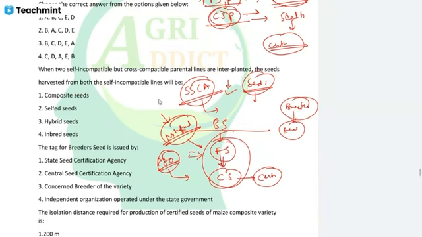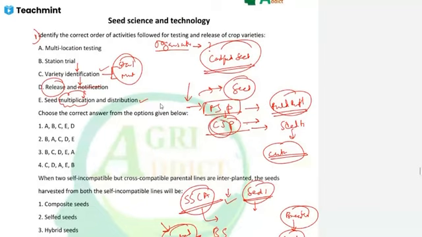So there are two different terms here: release and notification. See, any person or any breeder can simply release the variety and give it in the commercial chain, and give it to private seed companies who don't have certified seeds. They won't get certified by the certification agency. They will just sell it under their brand name, right?